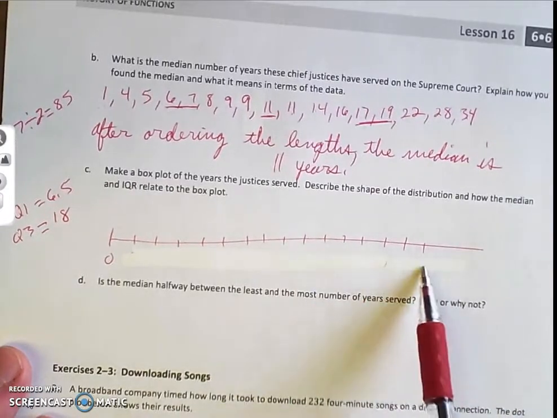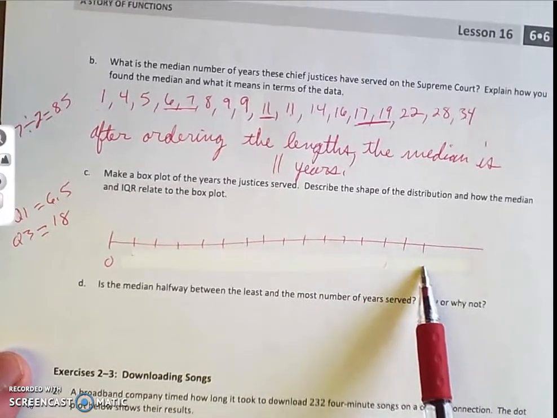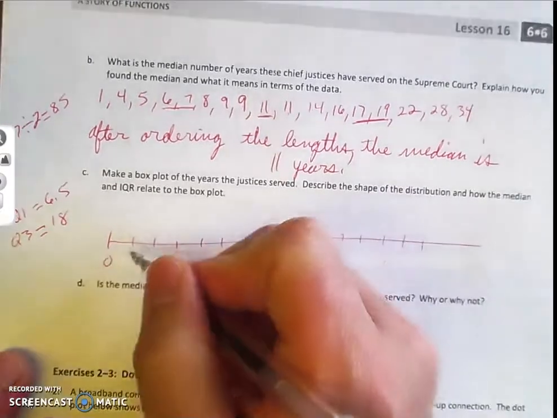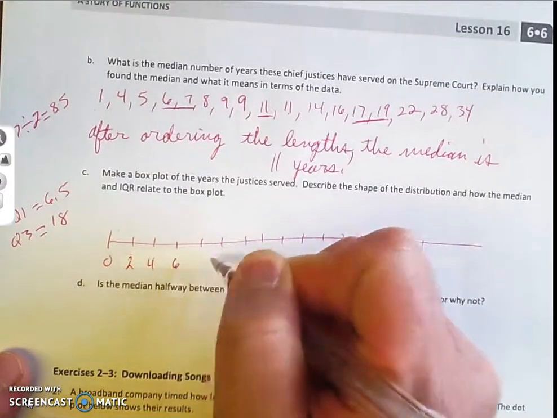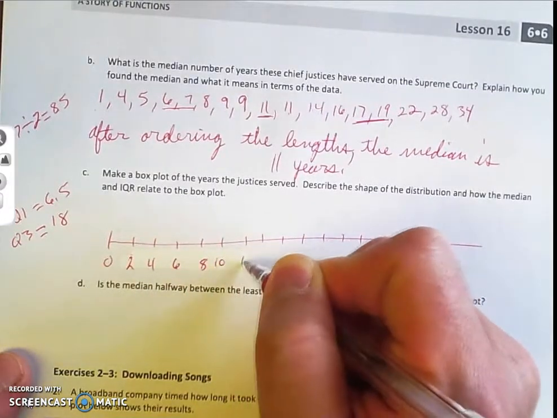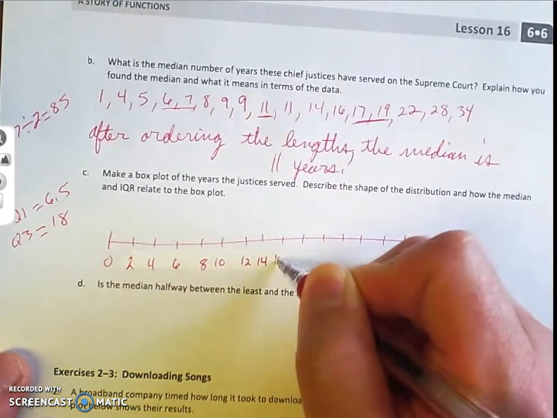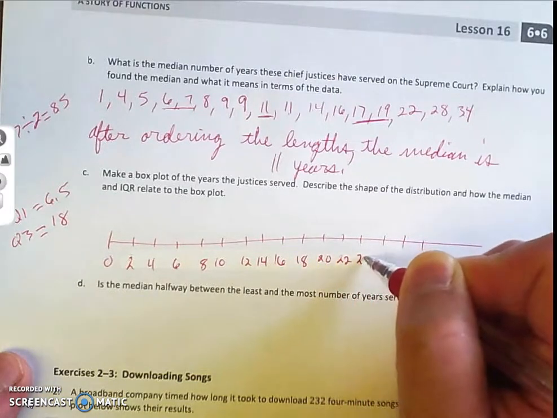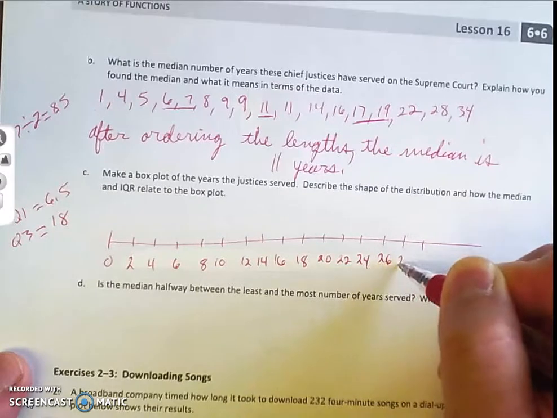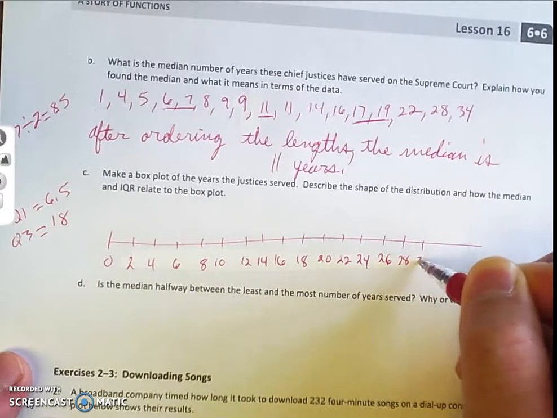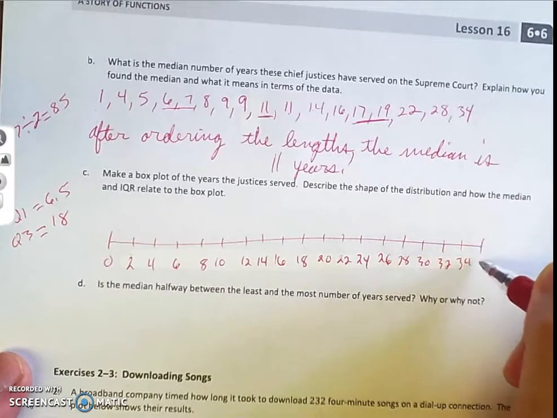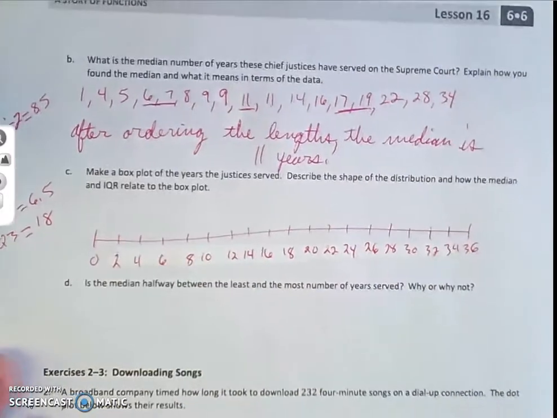So in this case, I'm going to count by 2s. I'm going to try 2s. This way I have enough room now by counting by 2s.